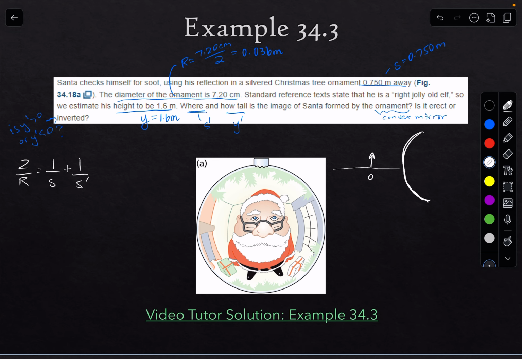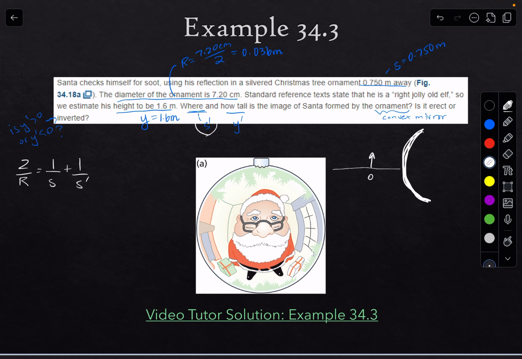And so we want to figure out what S prime is. So we need to plug in a value for R. And so since our mirror is convex, our R will be negative, okay?